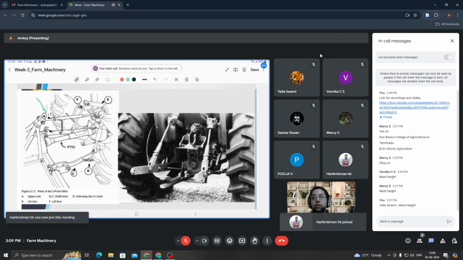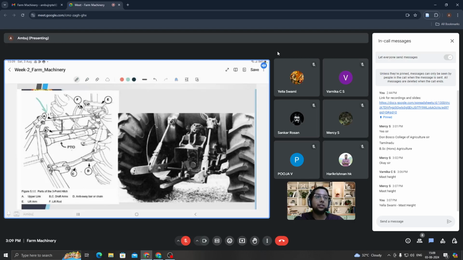And D, as you can see here, is the anti-sway bar or chain. It tries to keep the system at the same position in case some undulations are there, so the implement sway, or the movement along the y-axis, is restrained using the anti-sway bar or chain.